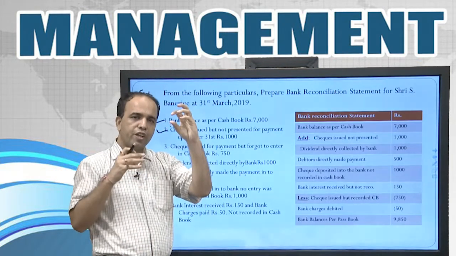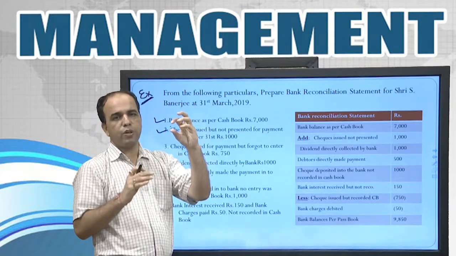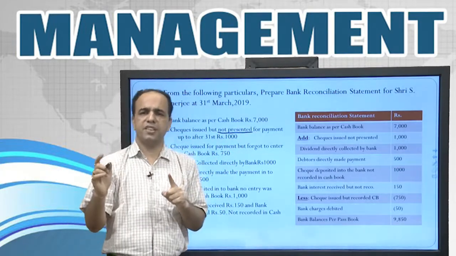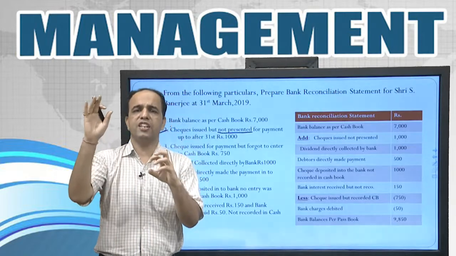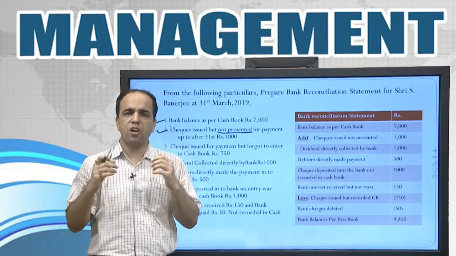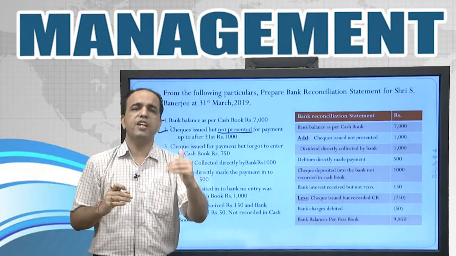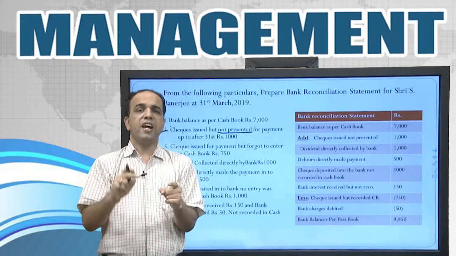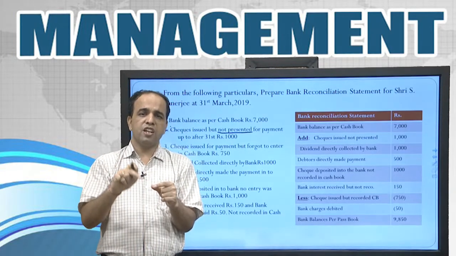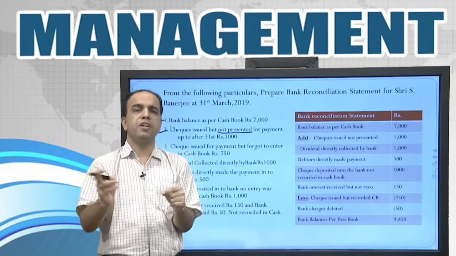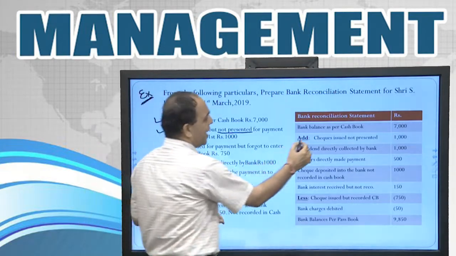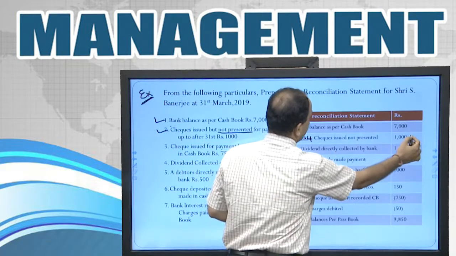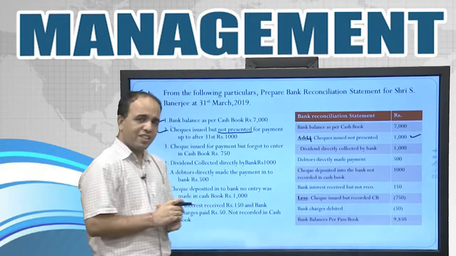Forget about whether it is presented or paid; for us, when we issued it, we credited it and reduced the amount. At this stage, if it is not presented for payment, add it. So, plus checks issued but not presented, rupees 1,000.